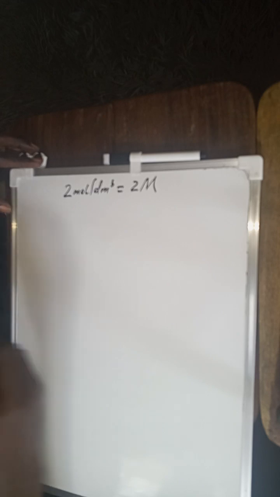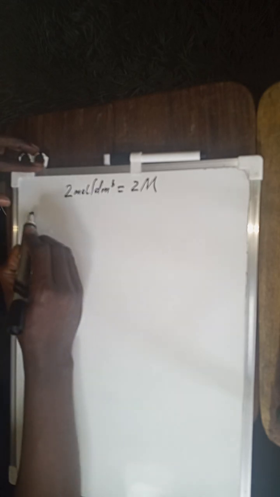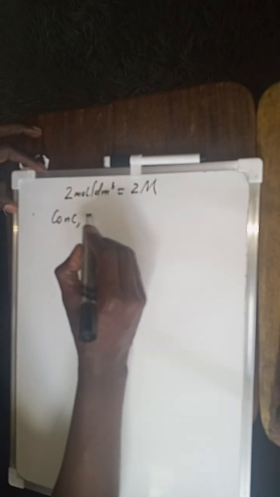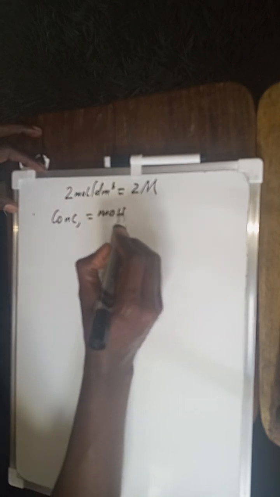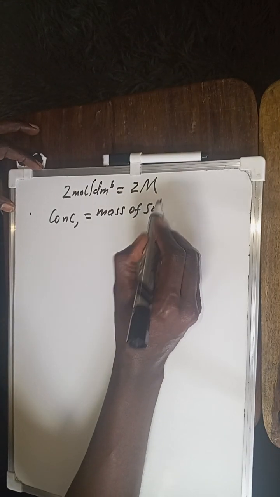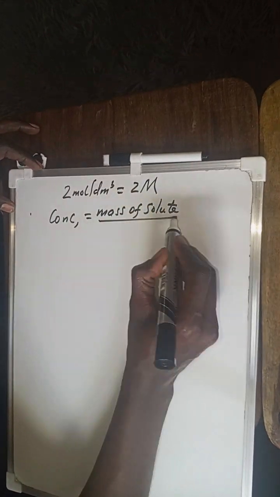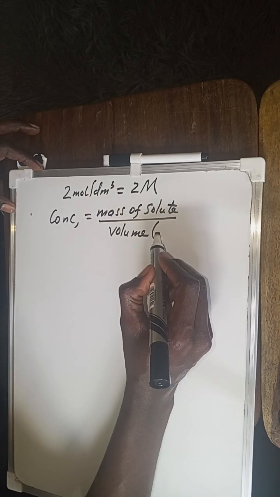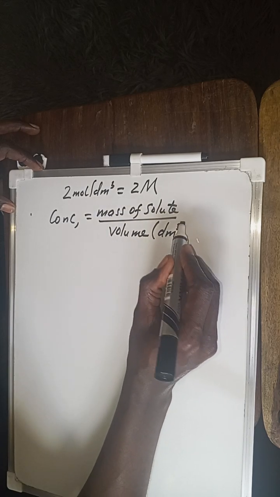Now, I want you to also understand that sometimes our concentration can be given in terms of the mass of the solute that you are dealing with, divided by the volume. But remember, volume is in cubic decimeter.